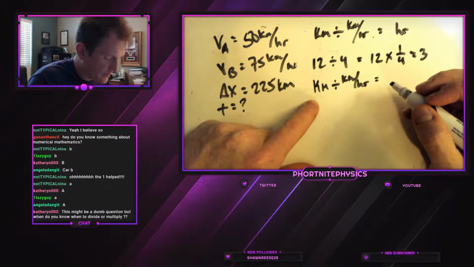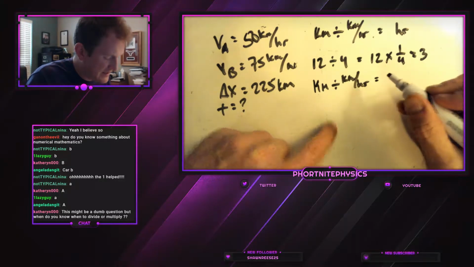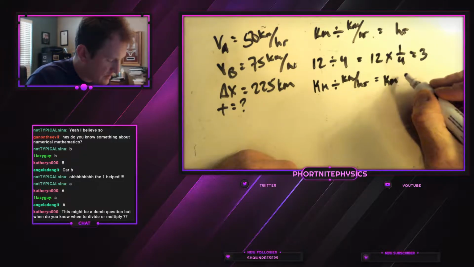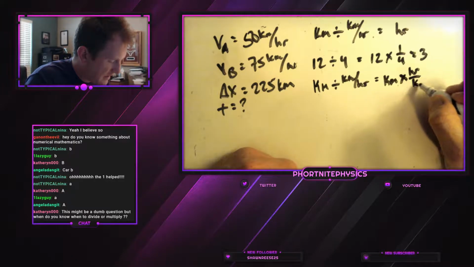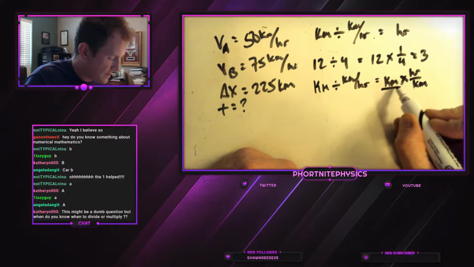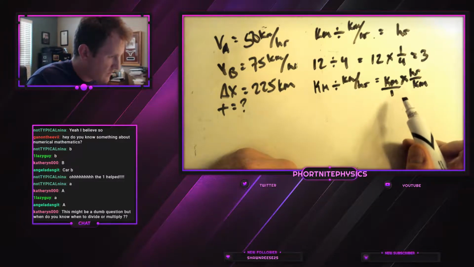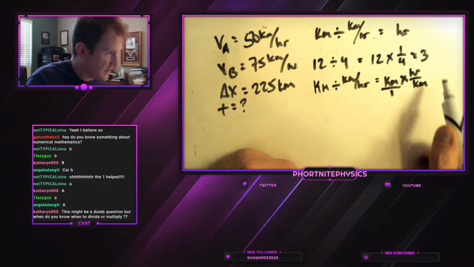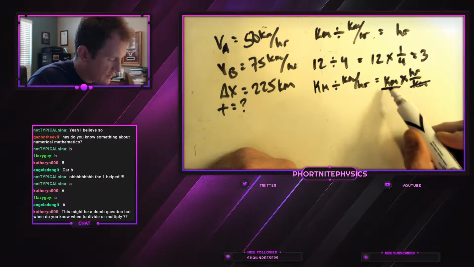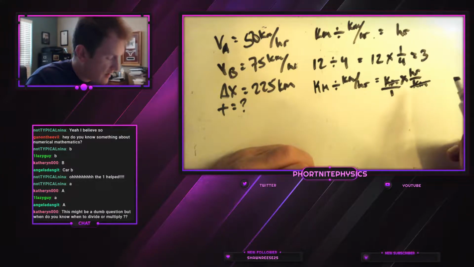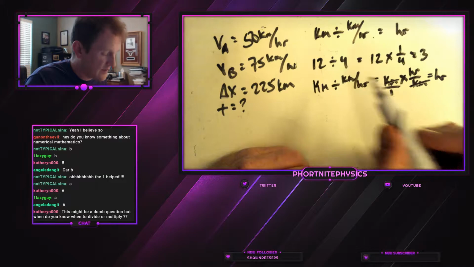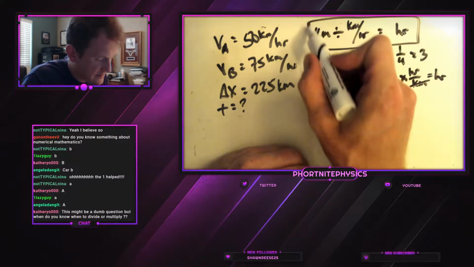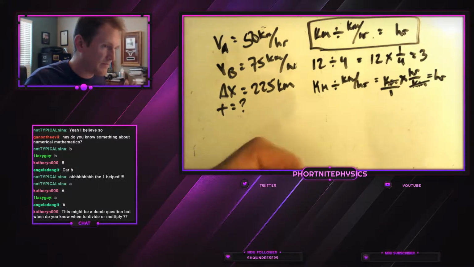So, when we have this, it is equal to kilometers multiplied by hours divided by kilometers. And now, you can start to see it over here. These kilometers cancel out, and we are left with hours. That's why we had this divider in here.